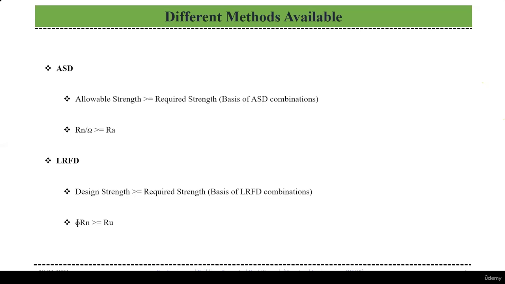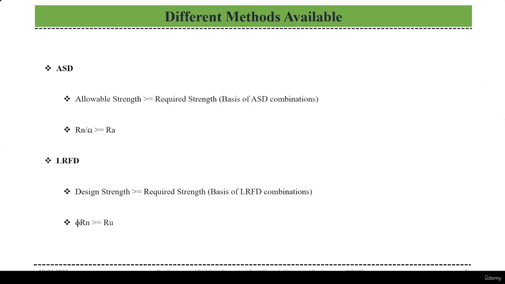So what is meant by allowable stress design? In allowable stress design, the allowable strength will be greater than or equal to the required strength based on ASD combinations. The required strength is nothing but, for example, we have to design a particular structure with dead load and live load.